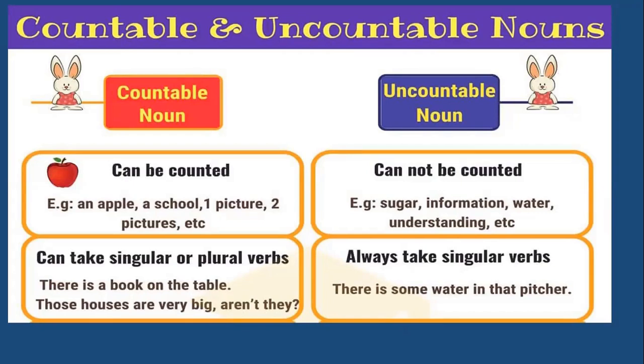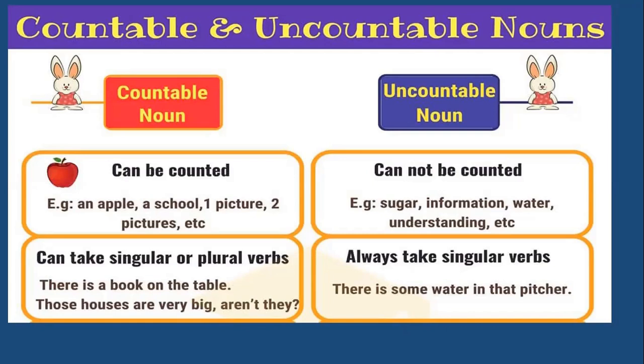So, in the first example, there is a book on the table. But I can say there are 2 books on the table. So, when I use the plural verb, I can know that this noun is a countable noun. The same for the second example.